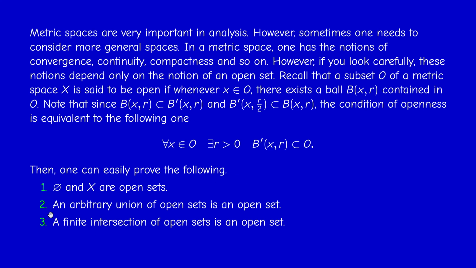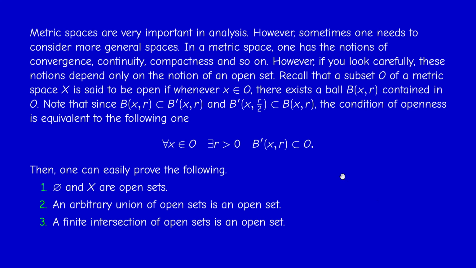So note the difference between properties 2 and 3. The union is arbitrary, so any collection. However, in the intersection, we have to take a finite intersection. And this is equivalent to just requiring that the intersection of 2 open sets is an open set, because then you just use induction actually. Okay, so we know that from second year.